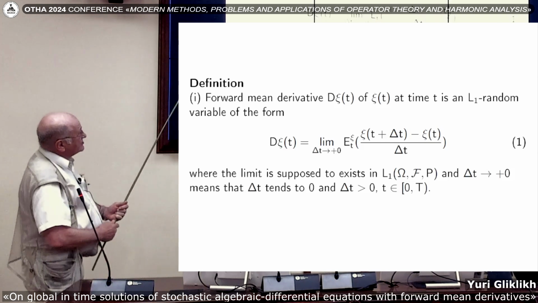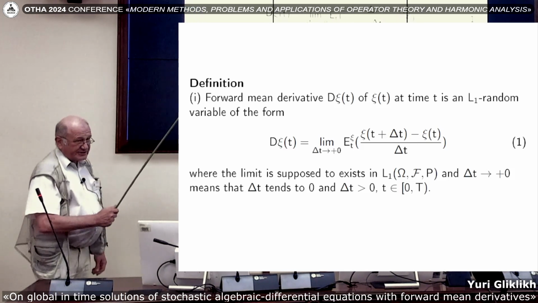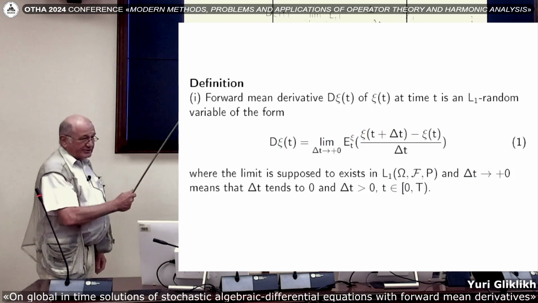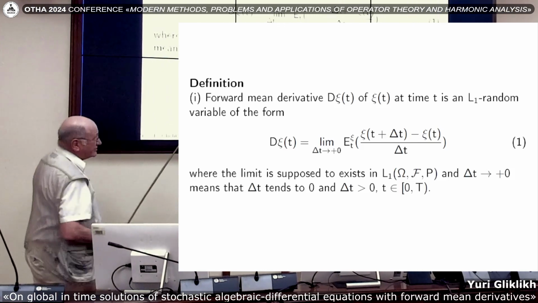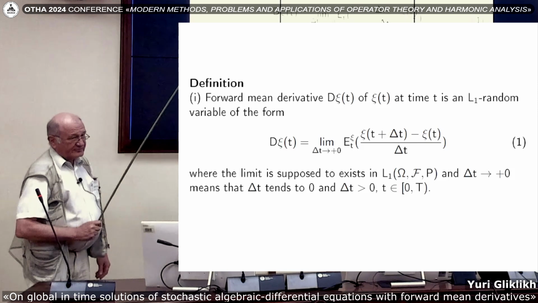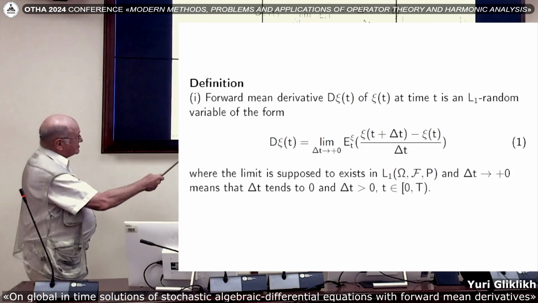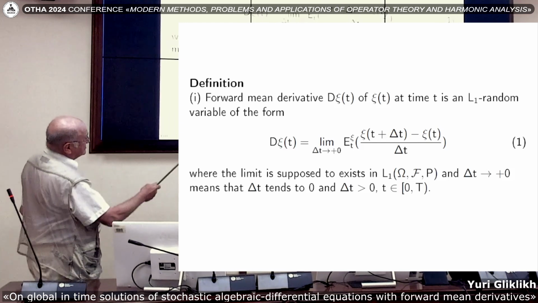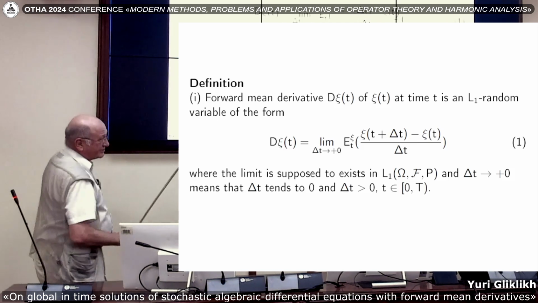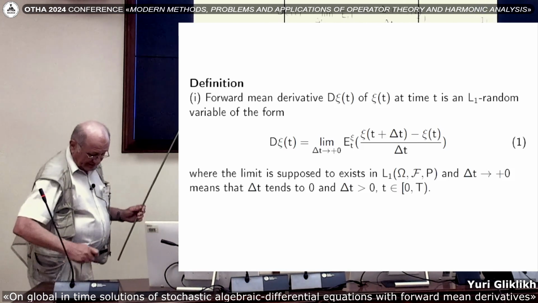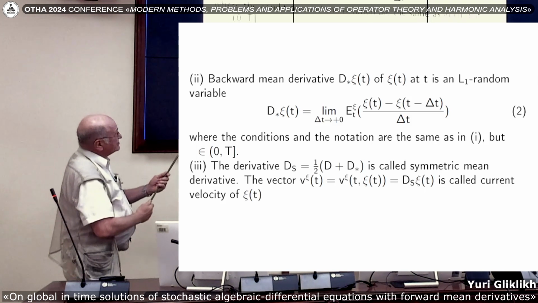This is the forward mean derivative. You see, it's practically the same definition as for the ordinary derivative, but here we have conditional expectations with respect to the present. The limit is supposed to exist in L1, and this means that it tends to 0, and delta t is greater than 0, as usual.